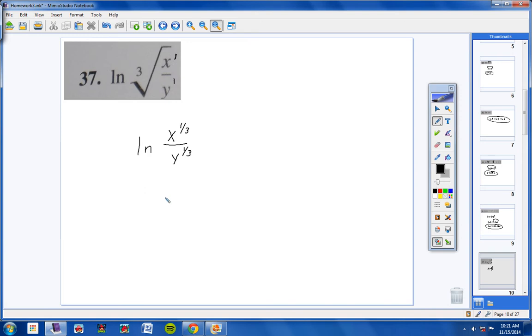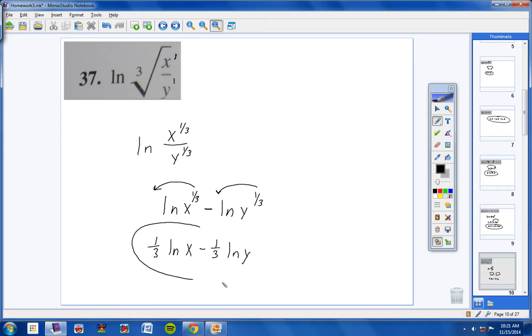So I'm going to write the natural log once, and then again, then put a minus sign. Okay? And the top comes first. The bottom comes second. And then remember, powers can be written to the left. Okay, so I would have 1/3 natural log of x minus 1/3 natural log of y. Here we go. Very good.